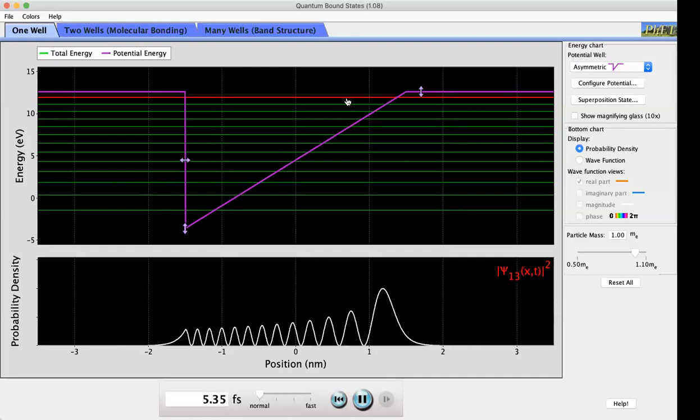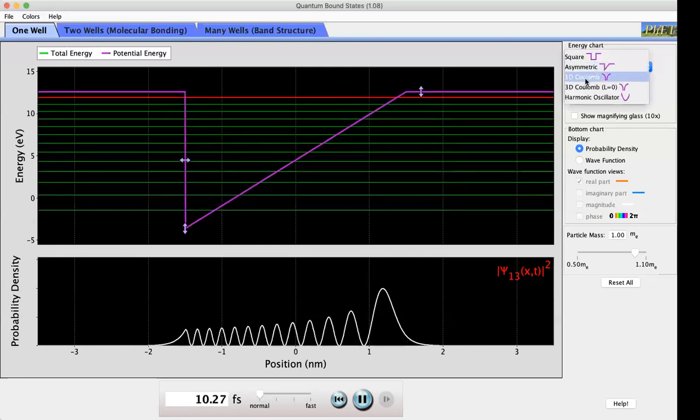For each depth there's a wave number, and as the depth changes, the wave number changes. So you can think of this as a sine wave or cosine wave where the wave number itself depends on the position x. That's how you can think of these kinds of states.